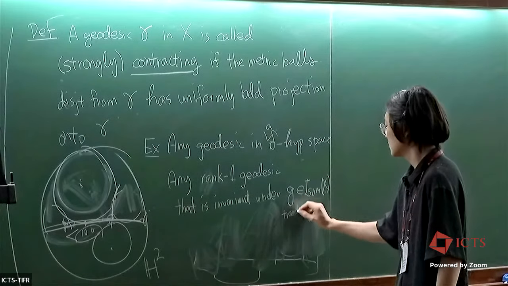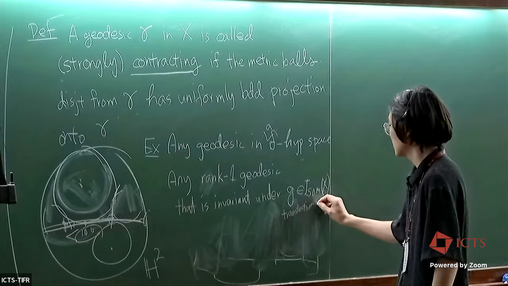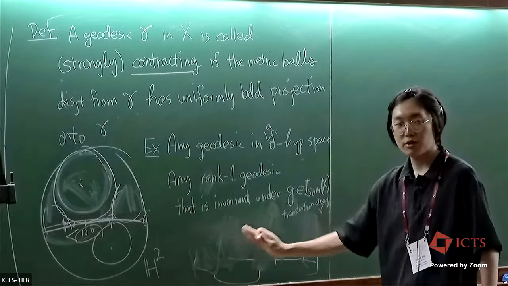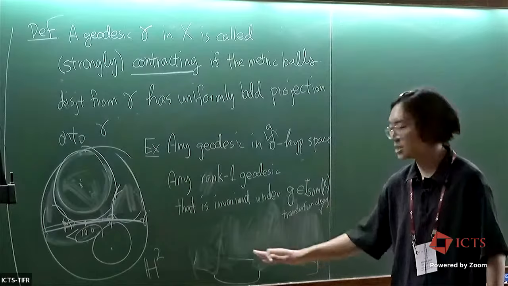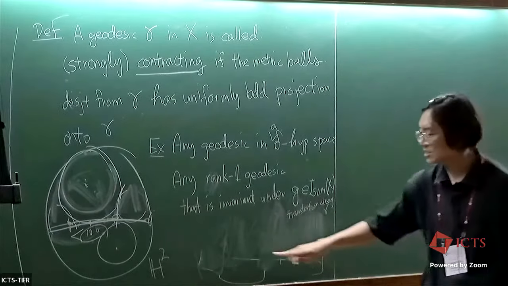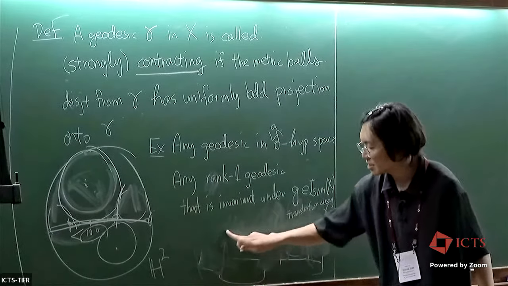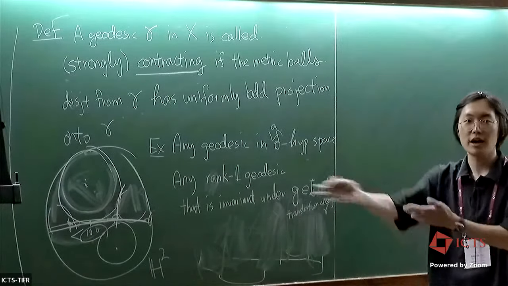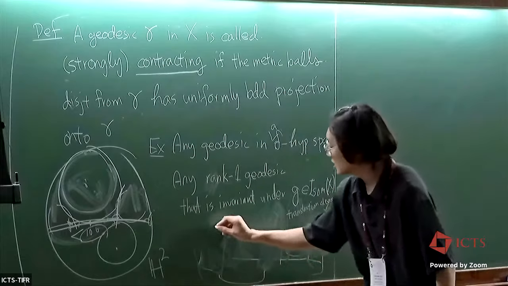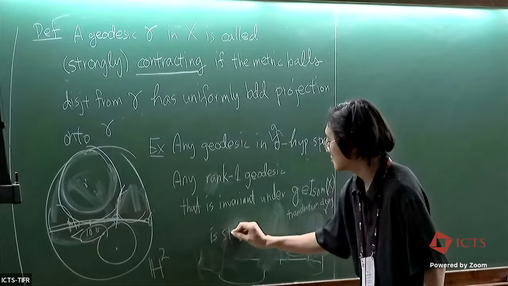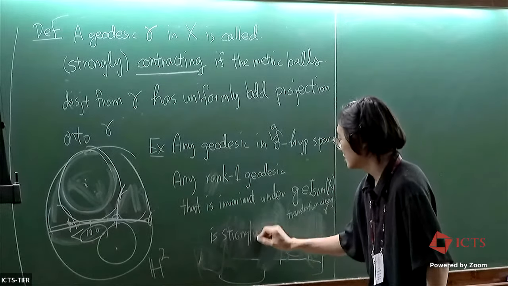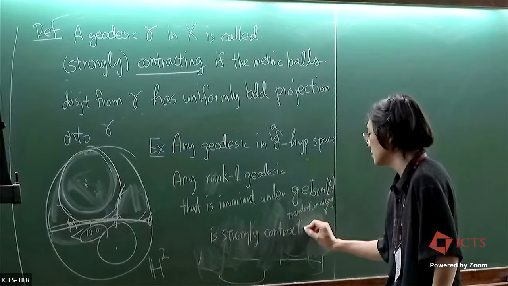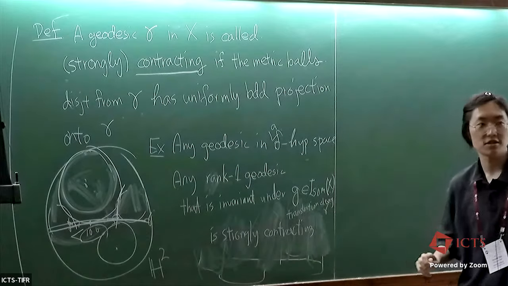Basically, I'm making this gamma periodic under the action of G, such that you cannot do this kind of cheating, because if you have plugged in a small square, then it should appear forever. You cannot plug in an arbitrary large square afterwards. So it is strongly contracting. In short, the axes of rank 1 isometries are all strongly contracting.